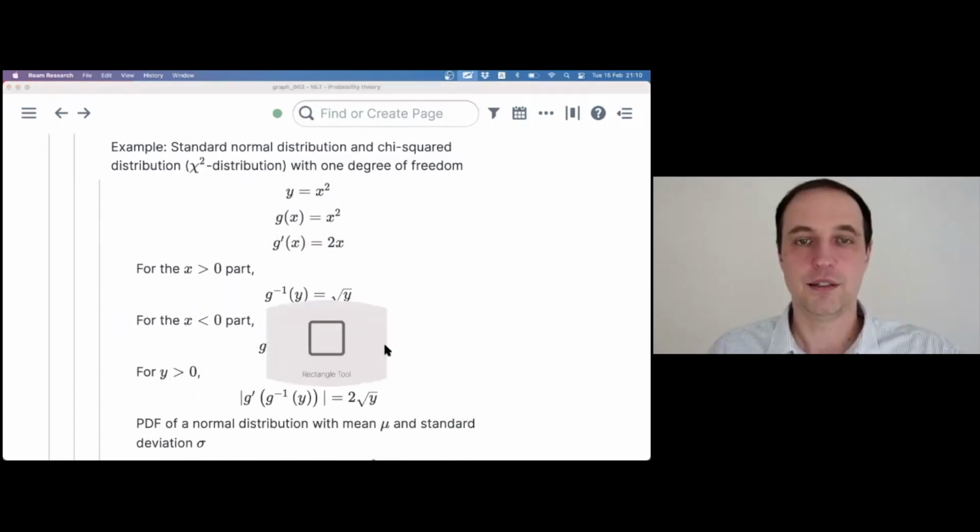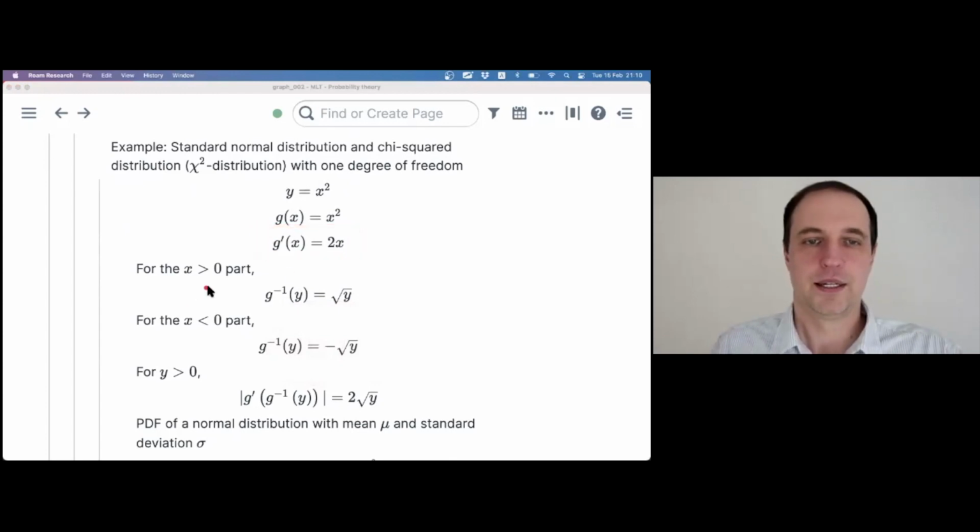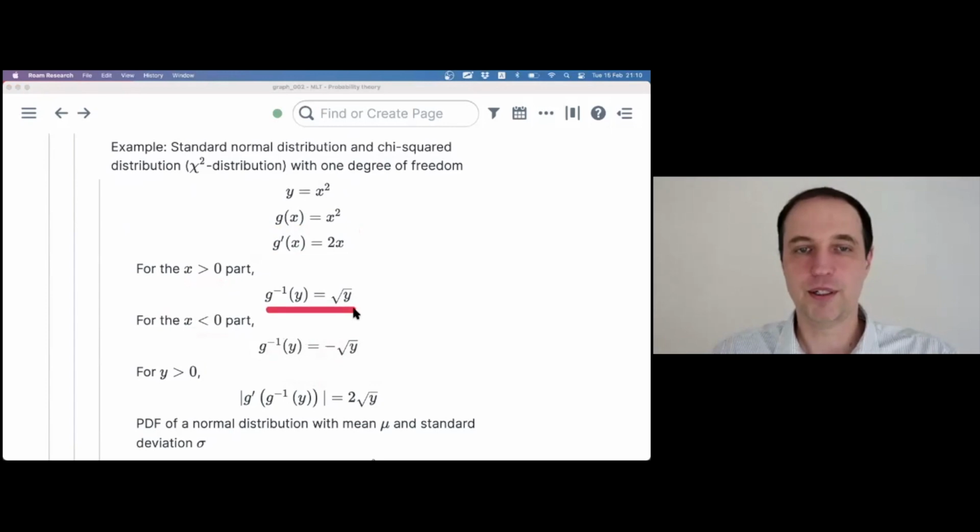In that case, g prime is 2 times x. Now you have to think about the positive part and the negative part, the part where x is positive and the part where x is negative, and do this calculation separately for each one of them. For the positive part, we get g inverse equal to square root of y.